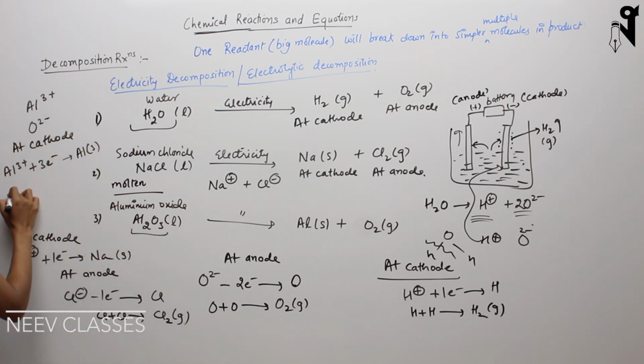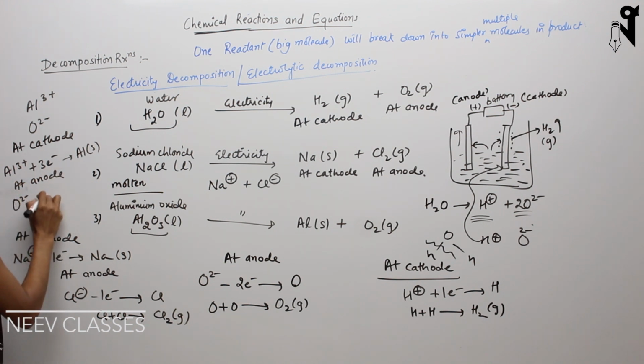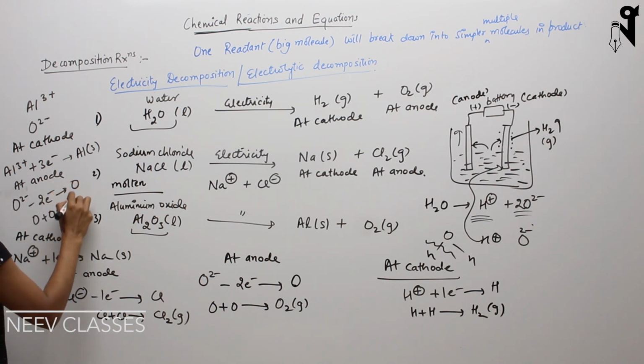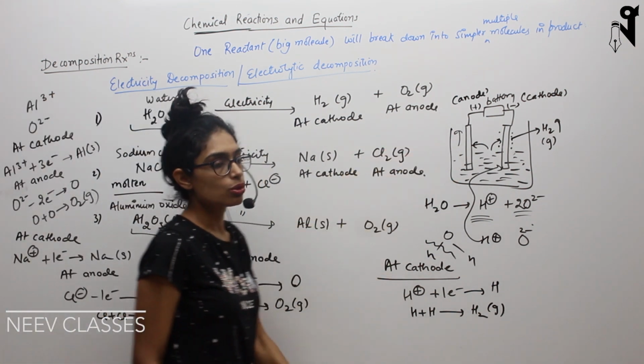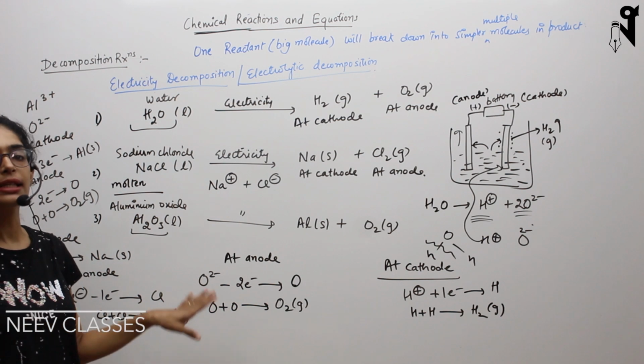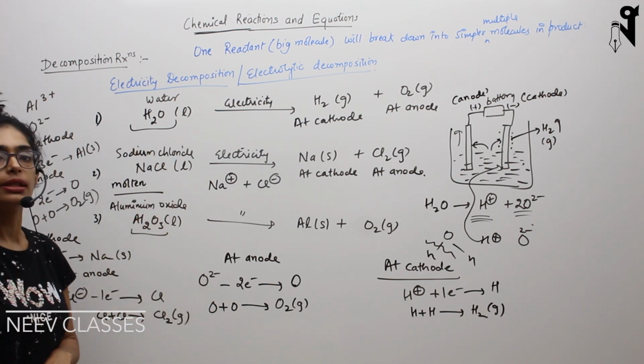Whereas at anode, O2- will lose its 2 excess electrons and will become oxygen. 2 oxygen atoms will combine to form oxygen gas and will get released from the anode. So the reaction is happening in exactly the same fashion in all 3 cases.